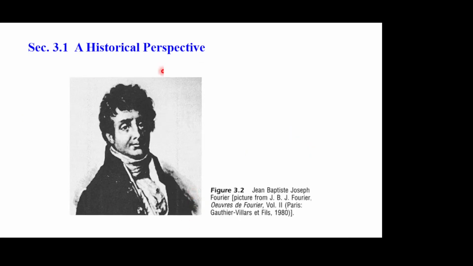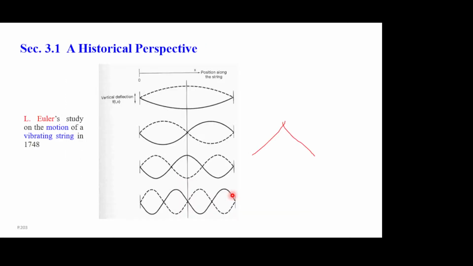And here is a picture of Fourier. Fourier did a lot of work in this Fourier series representation, where you write out a lot of periodic signals in terms of the linear combination of those sinusoidal functions or complex exponentials.